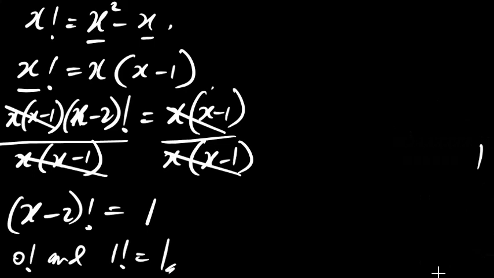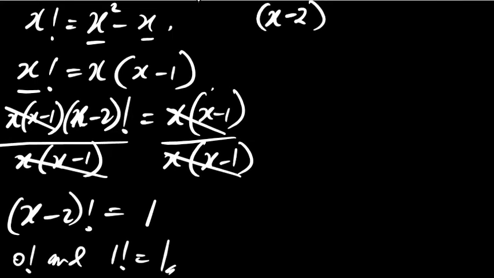That implies that x minus 2 factorial is equal to 0 factorial or 1 factorial.